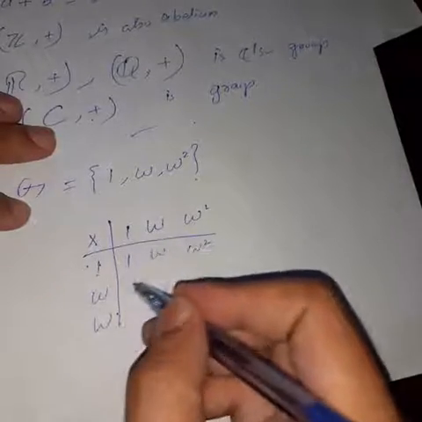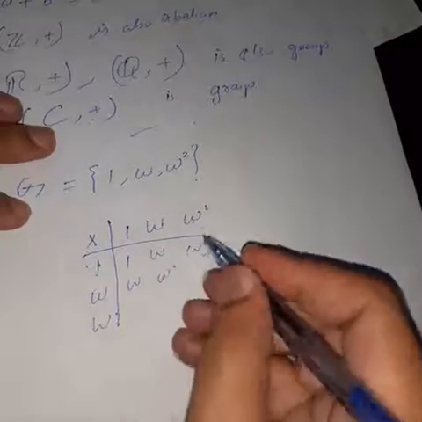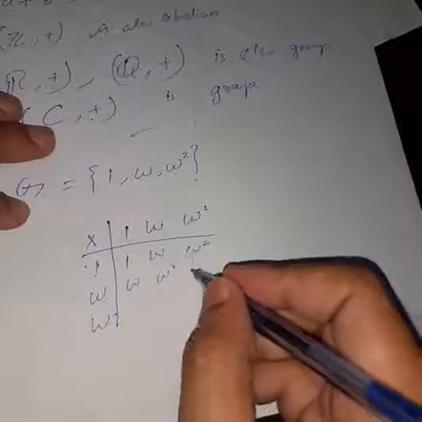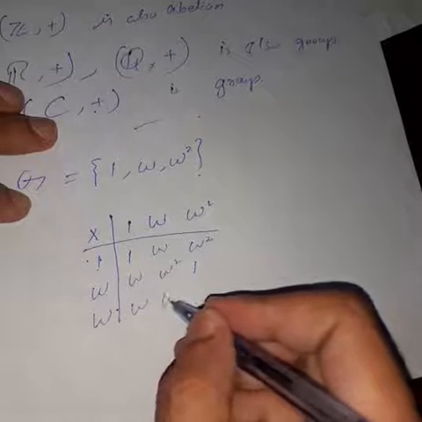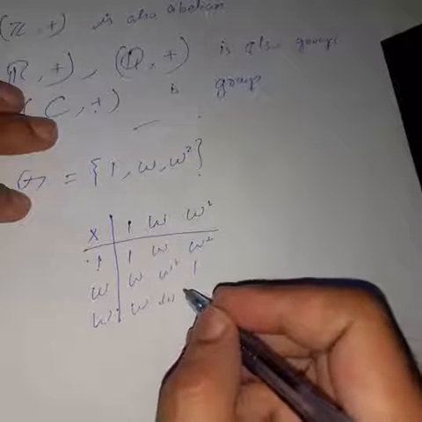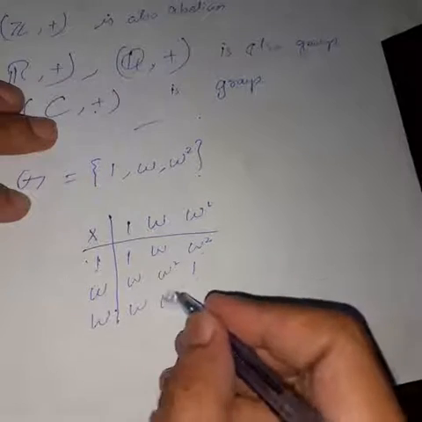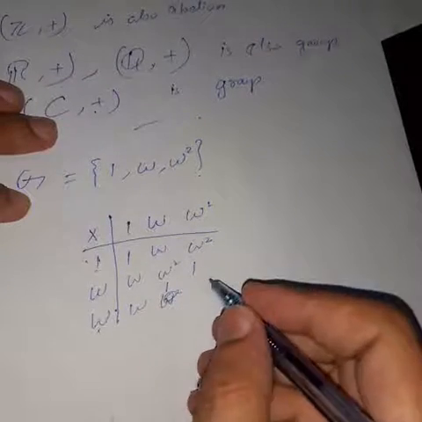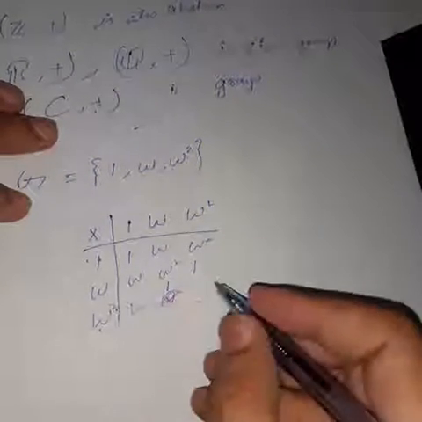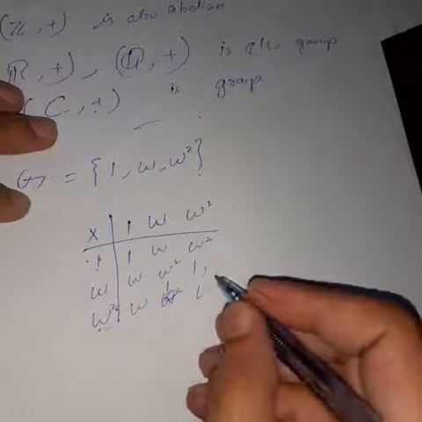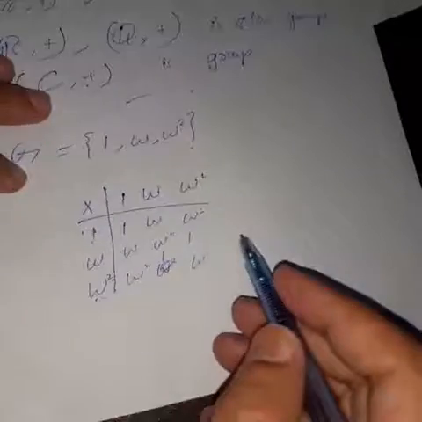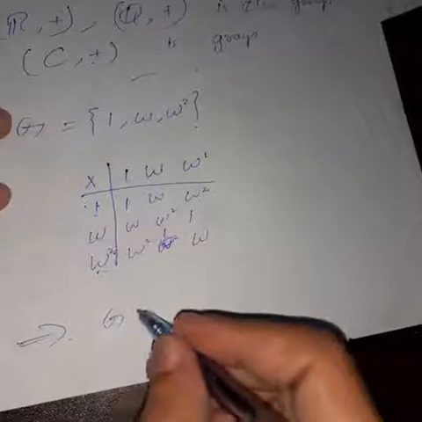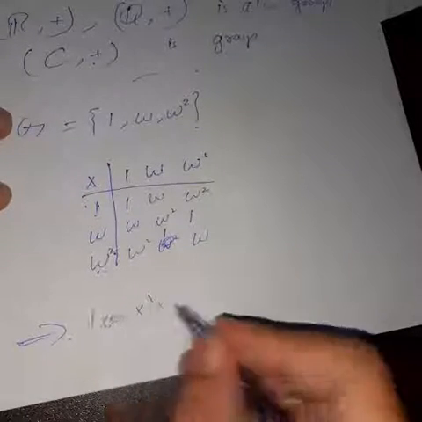Omega times 1 is omega, omega times omega is omega square, omega times omega square is omega cube, which is equal to 1. And omega square times omega square is omega 4, which is equal to omega. So from this table it is clear that G under multiplication is a group.